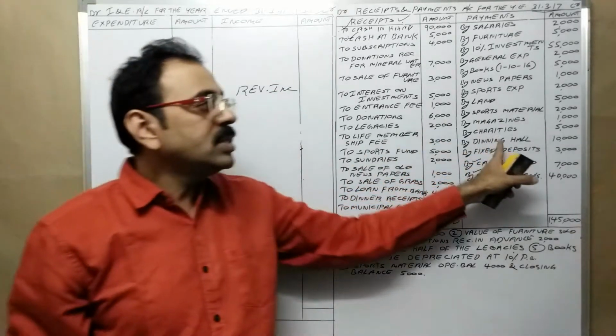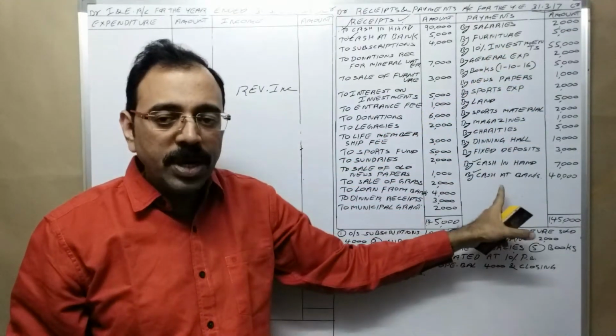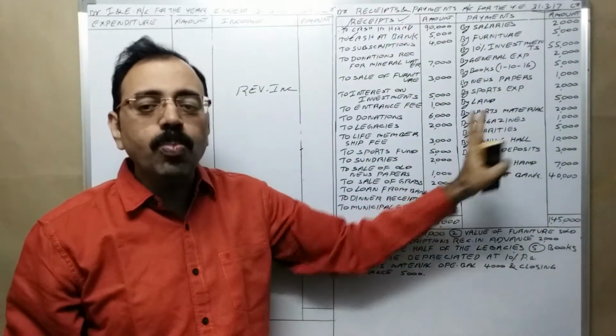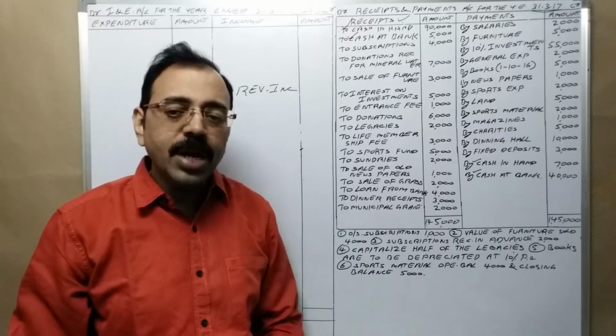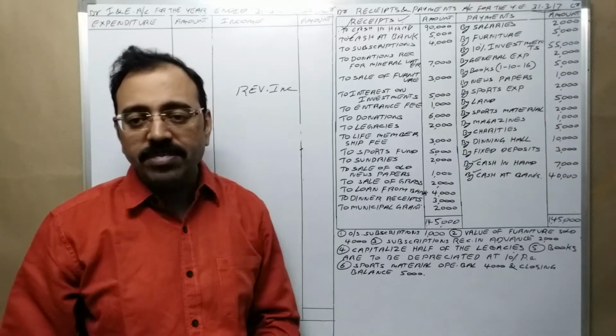Similarly, on the payment side of receipts and payments account, we record capital expenses and revenue expenses both. What is meant by capital expenditure? A non-recurring expenditure.